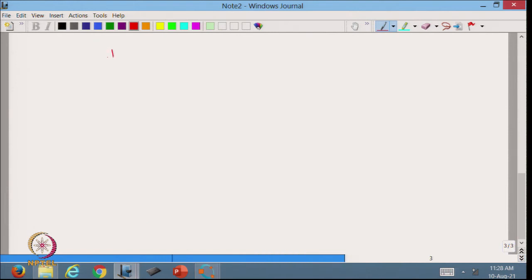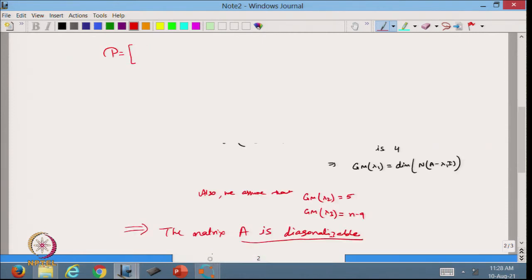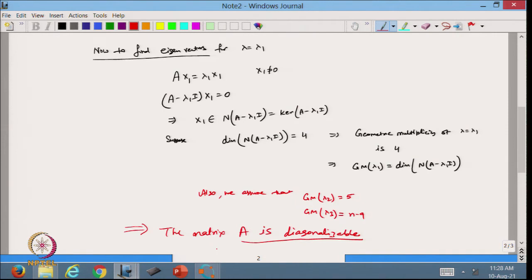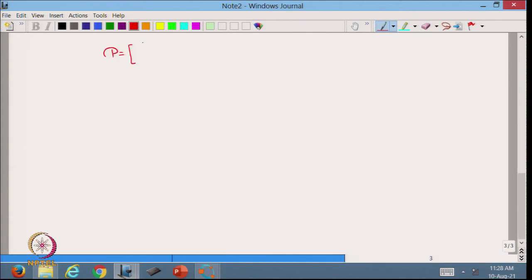I can define the matrix P made up of eigenvectors. Corresponding to lambda 1 we have geometric multiplicity 4, so I will get four linearly independent eigenvectors.